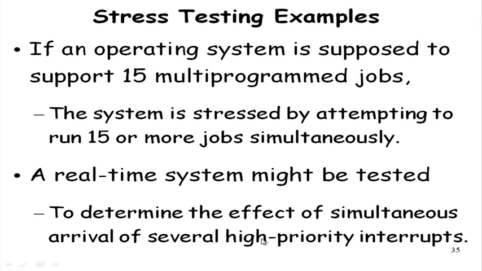Normally, a large number of high priority jobs may not arrive. The SRS document may say that only 3 arrive, but what happens if 4 arrive? Would the system gracefully handle that, or would it crash, or would it behave abnormally? That is what we check here.